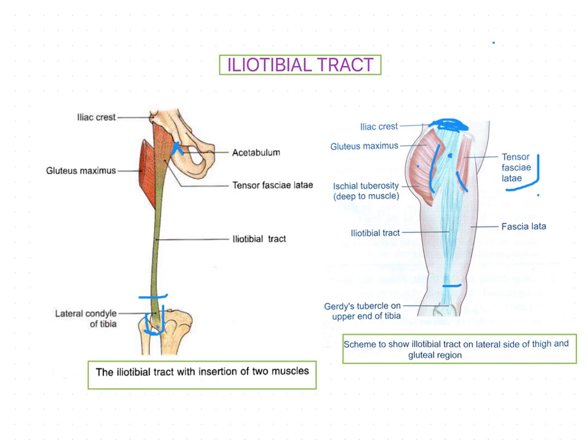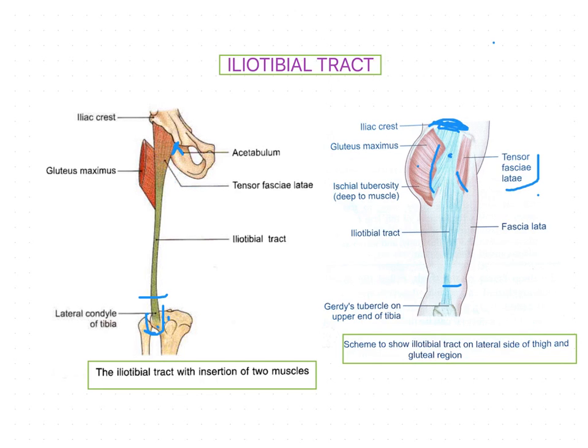The iliotibial tract stabilizes the knee both in extension and in partial flexion, and is therefore used constantly during walking and running. In leaning forwards with slightly flexed knees, the tract is the main support of the knee against gravity.